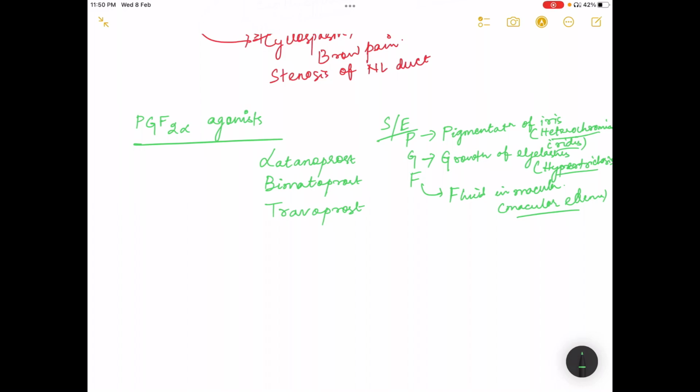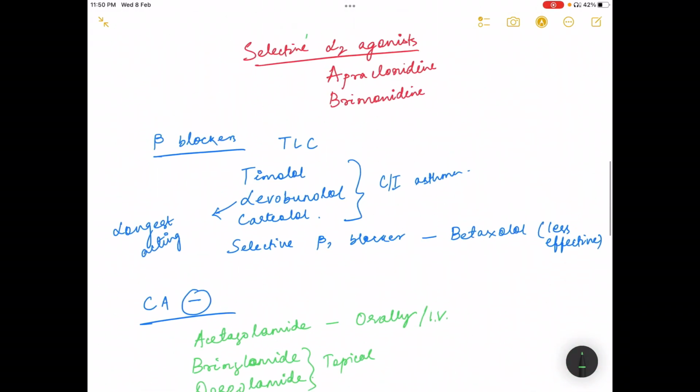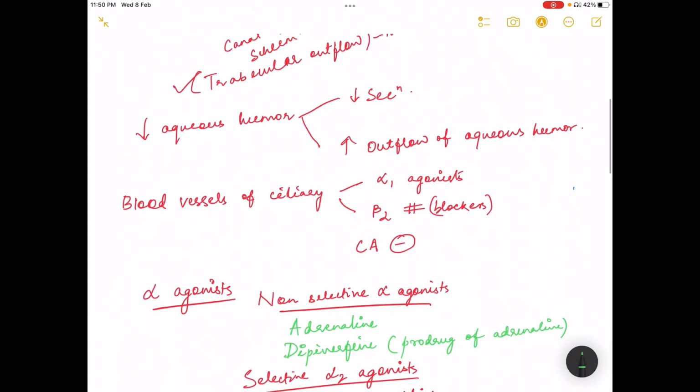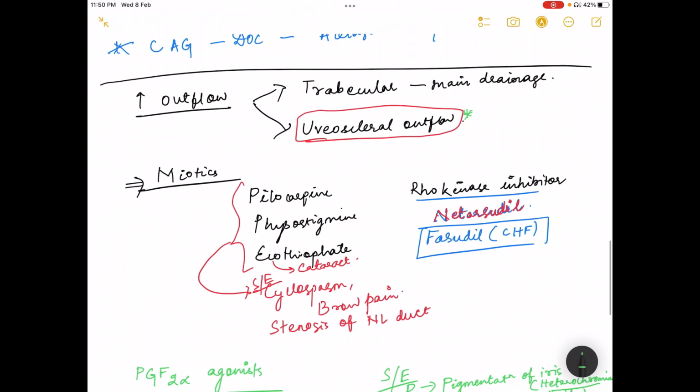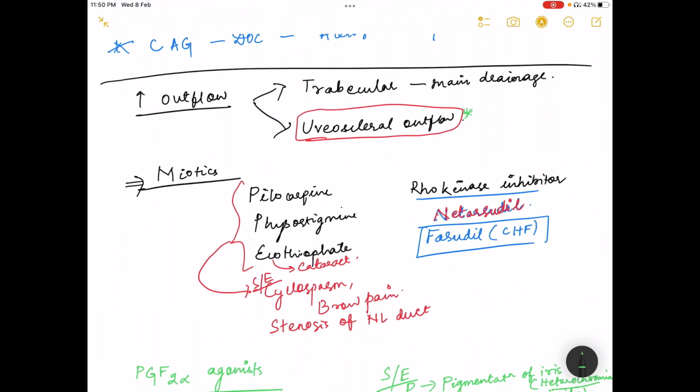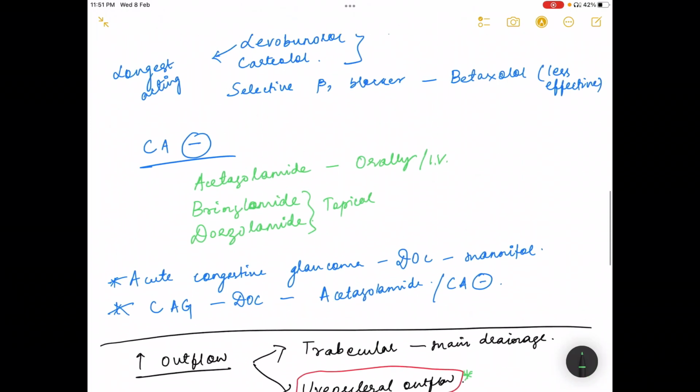Now, apart from this, there are certain important side effects of the other drugs that we can remember. One is the miotics. The side effects of miotics are cataract by ecothiopate, cyclospasm or brow pain, and stenosis of the nasolacrimal duct.